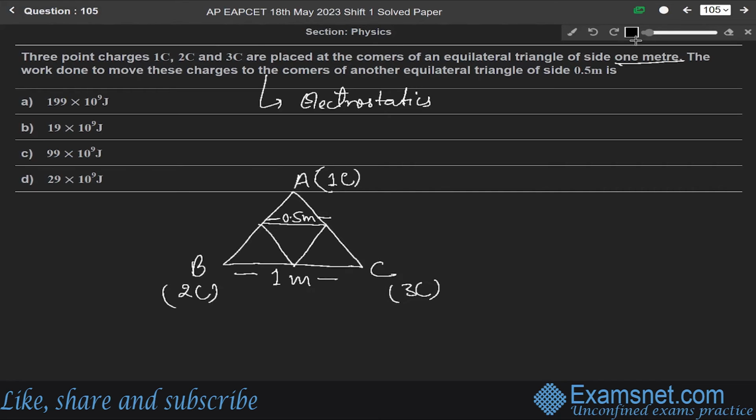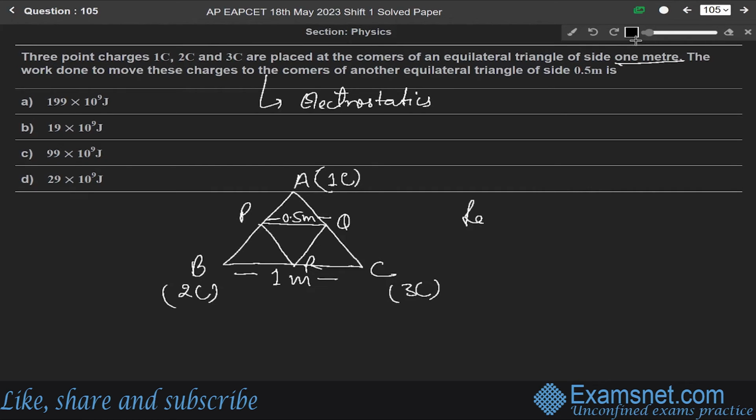So the triangle ABC is formed according to the first configuration given in the question. And let us say this is triangle PQR. So PQR is formed according to the second configuration of the charges.